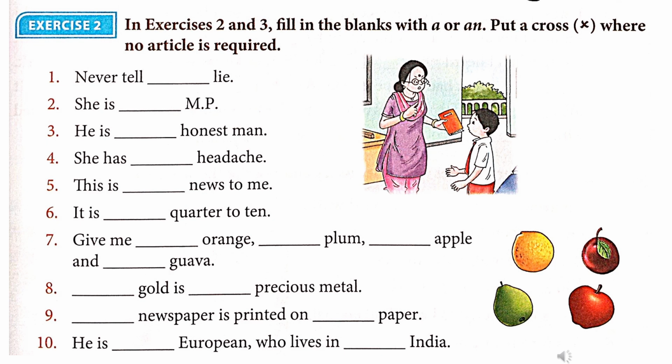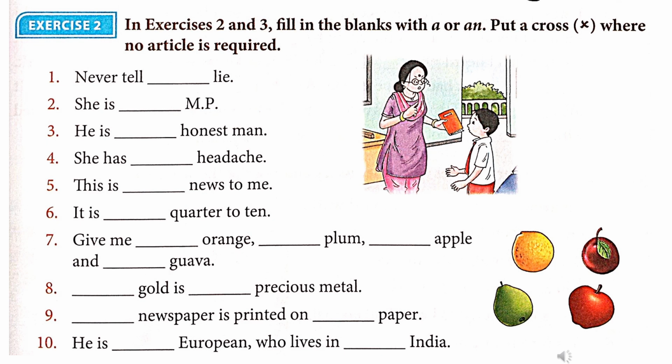Eight, dash gold is dash precious metal. We have already learned that before metal names, we need not use any article. So we can put a cross in the first blank. Gold is a precious metal.